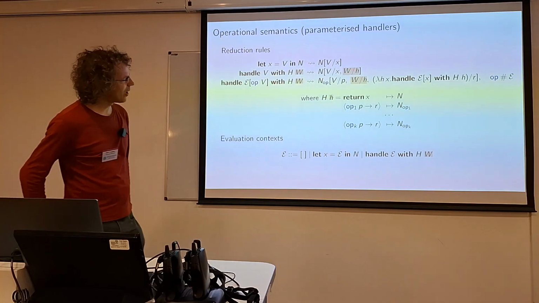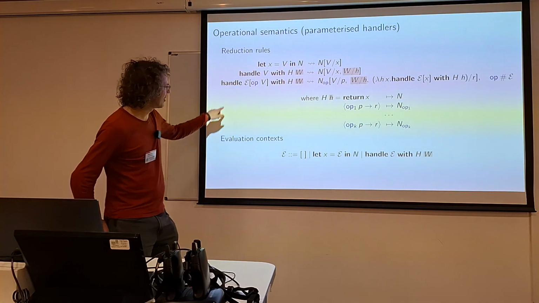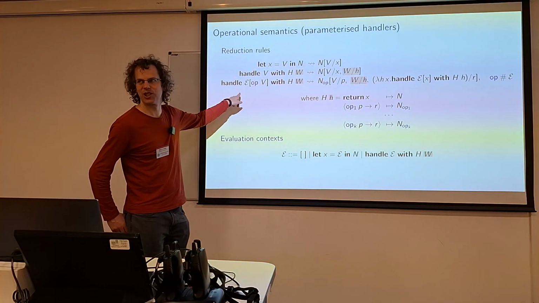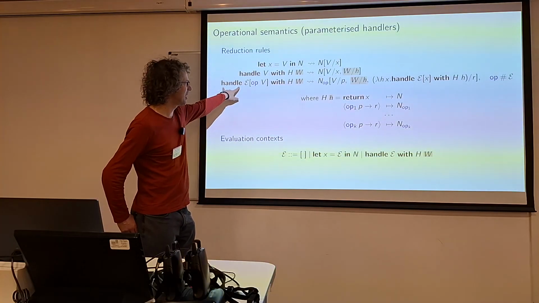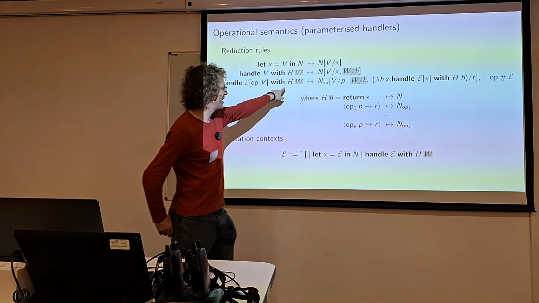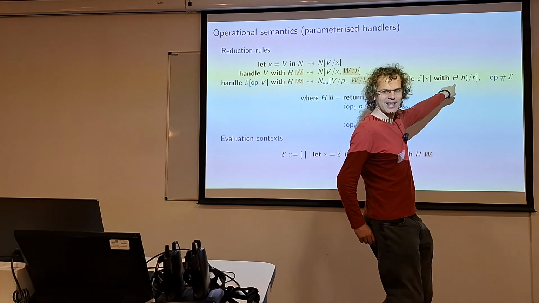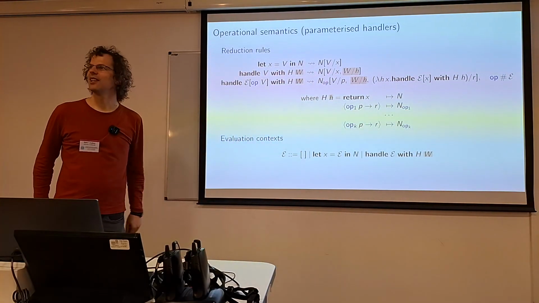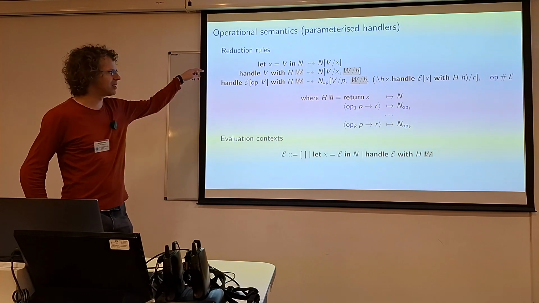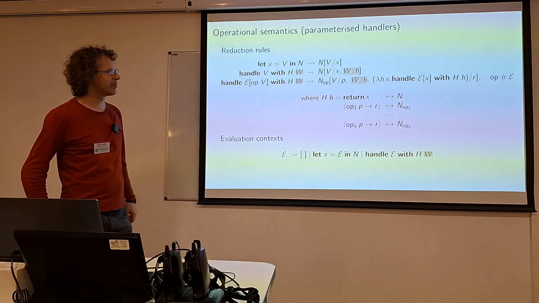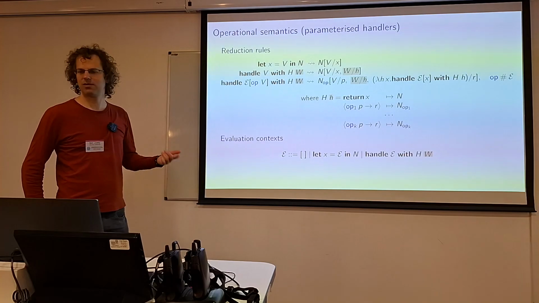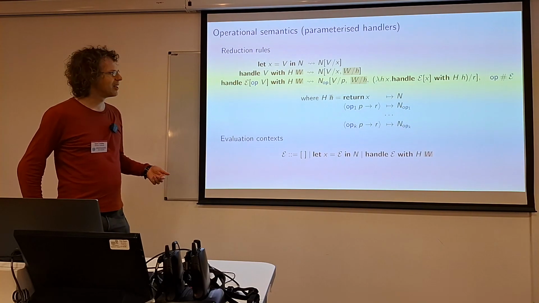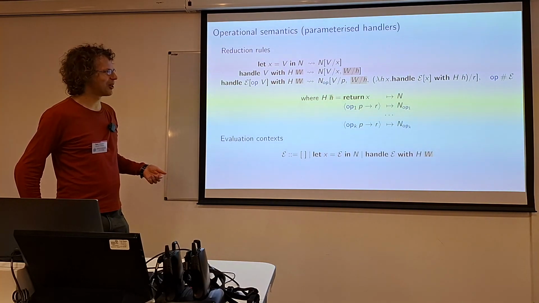Moreover, although in this rule we see there is actually some recursion, because we have handle with H here and handle with H here, you might think, can I implement non-termination using this? You can't, because this is a form of a fold or a primitive recursion. Something is always getting smaller every time you do that.